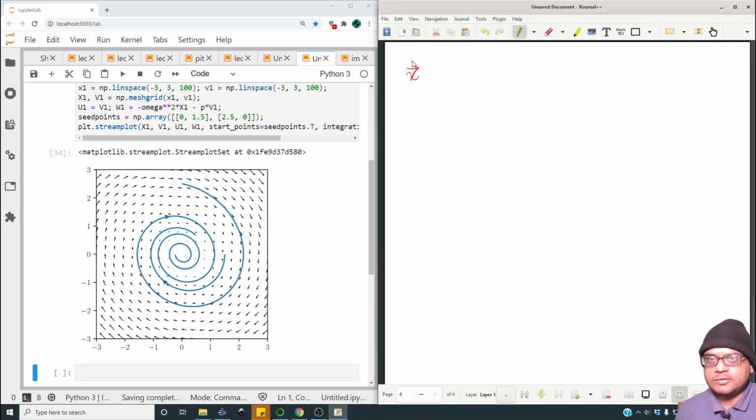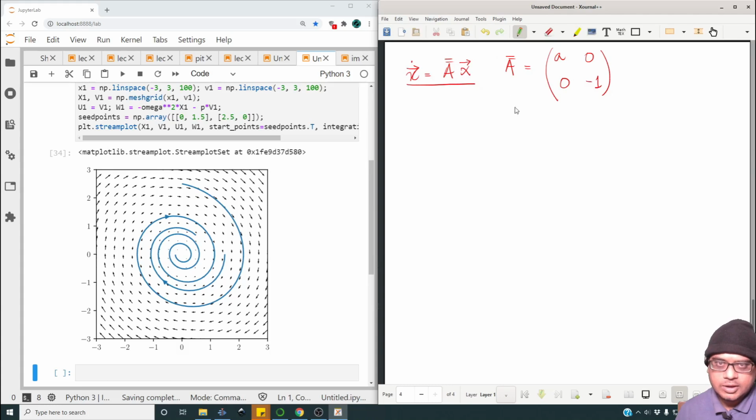So x dot is equal to ax, where a is given as a 0 0 minus 1. Okay, so let us look at how this particular system would look like for a matrix which looks something like this.